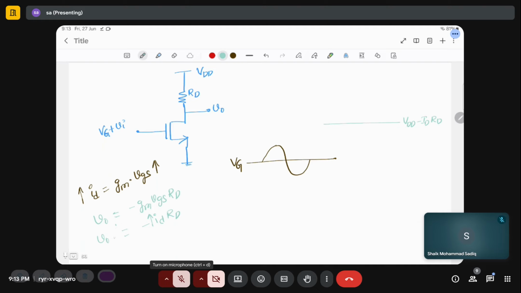V0 decreases. So as VGS increases, V0 will decrease by the amount of gain.